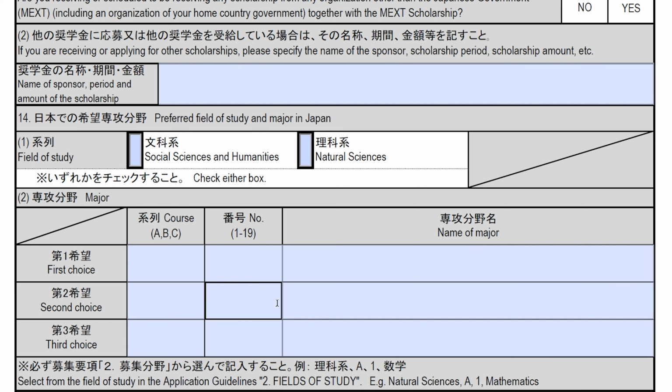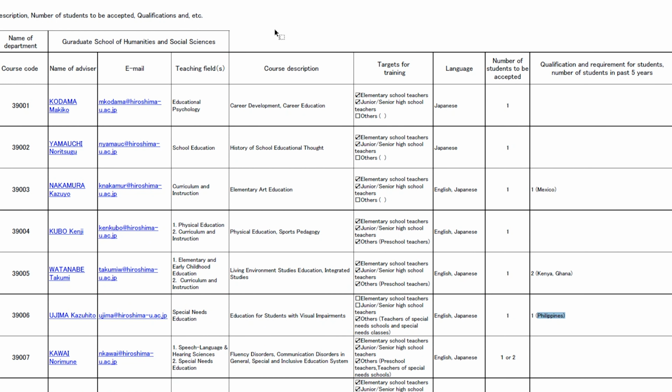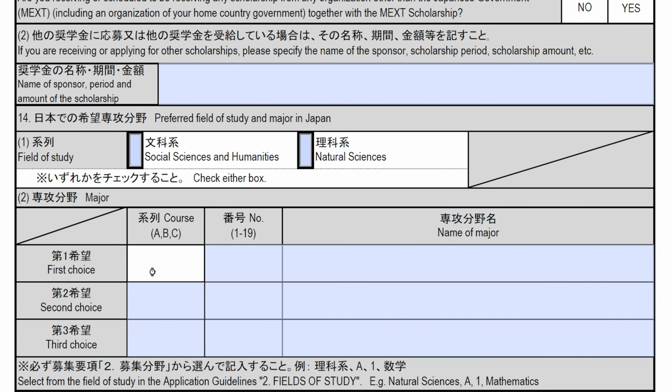All right. So be sure that here you indicate your first choice. So for example, if your first choice is career development, career education. If your first course is education psychology, it means you say education psychology, and then you can bring it here. You can put it here, the course name, and then what is the course number.